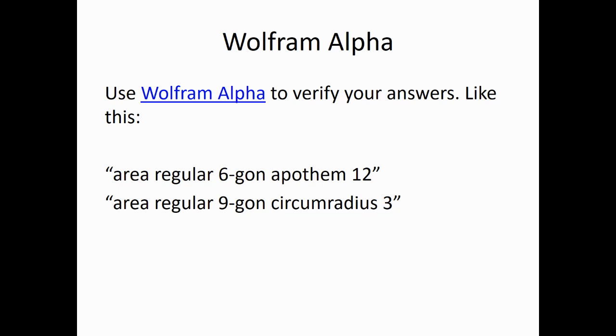So you can go to Wolfram Alpha, and then once you're there, you can go to the query bar, the question bar, and you can type in expressions like the one you see. Area regular sixgon, apothem 12. You could call that hexagon if you like, but if you forget the name of a particular sided polygon, you can just use the number then gon.